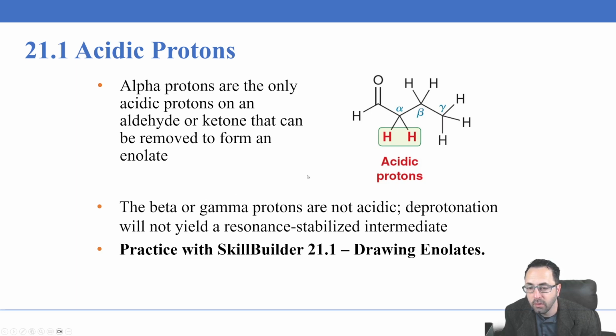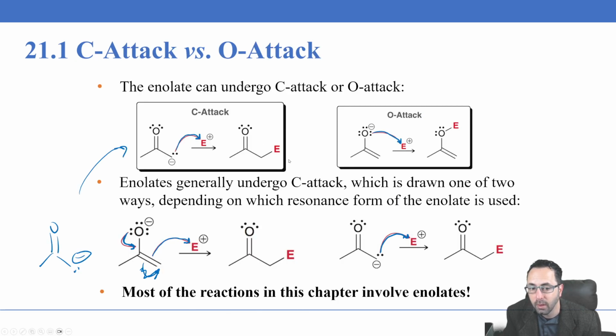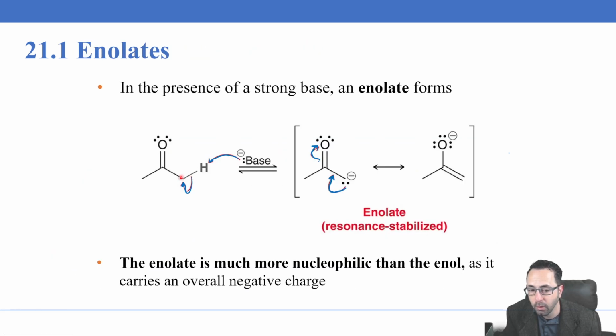Now, when it comes to which protons are going to be involved here, it's going to be the alpha protons, and those are more acidic because of the interconversion between the enols. If we deprotonate the alpha carbon, we get the enolate ion, which is resonance stabilized.